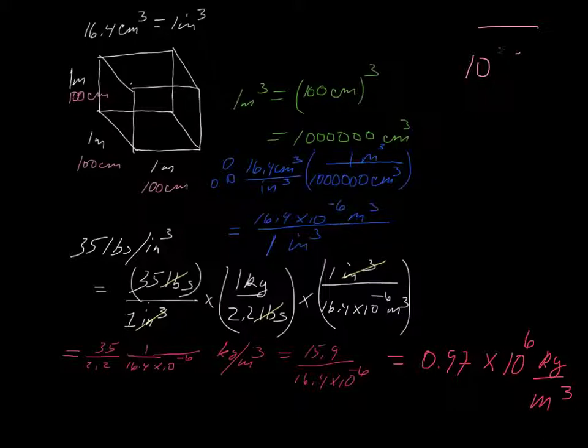If I have 10 to the 6th in the denominator, that's equal to 10 to the minus 6, right? You guys remember that? That's where that comes from. So we have 10 to the 6th in the denominator, so I brought it up, and it's 10 to the minus 6.